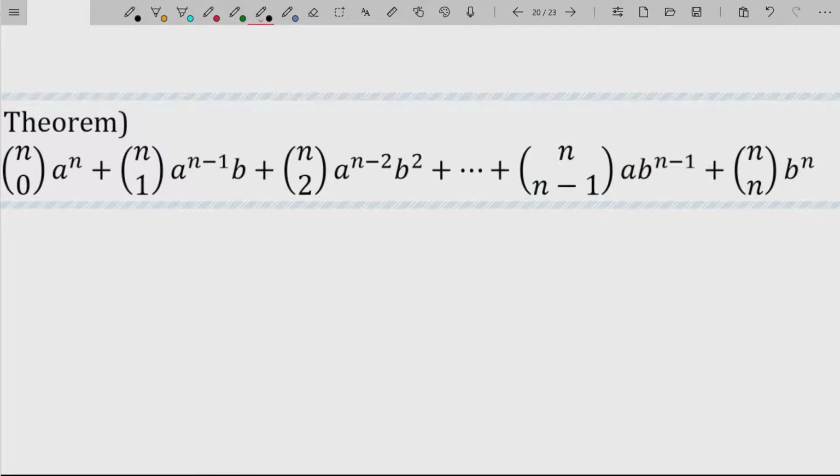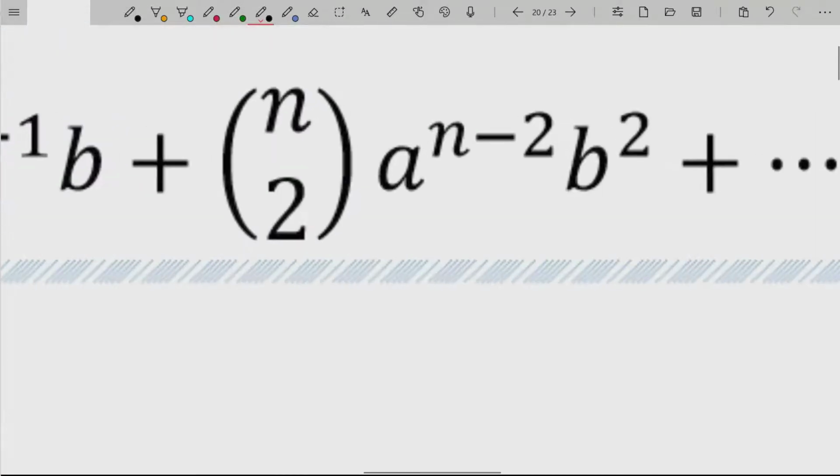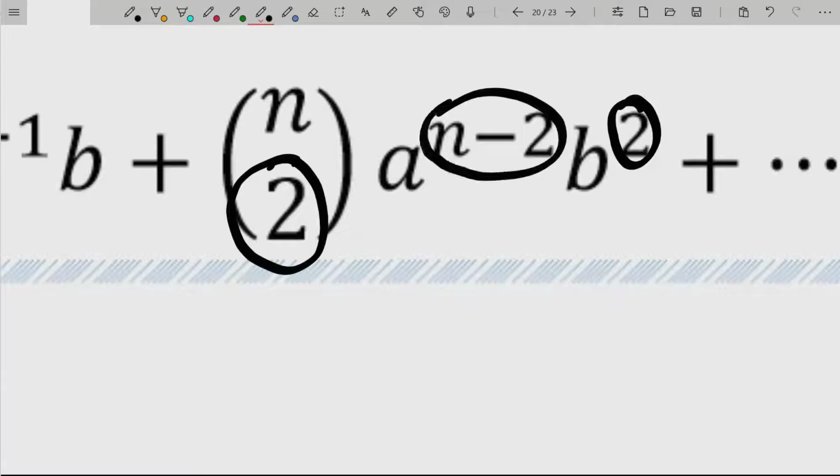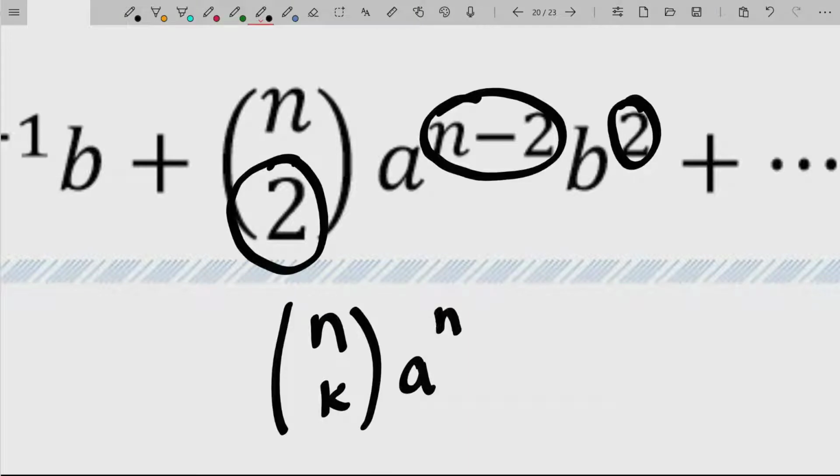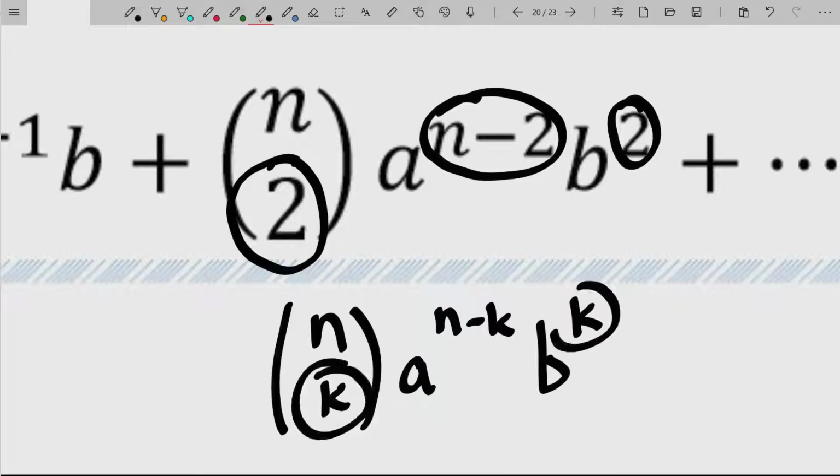And on top of that, whatever number we end with, that's going to be the power on b, and the power on a is going to be n minus that number. So I'm doing n choose k to keep things arbitrary. It should be a to the n minus k, b to the k. Again, the k's will match here, and then that will just be n minus k, because the sum of these two powers has to equal n.